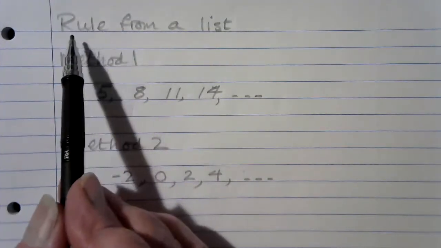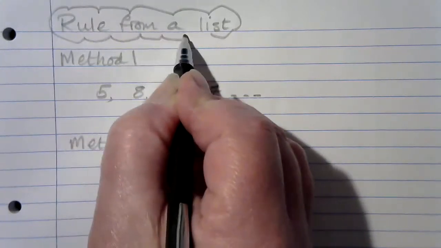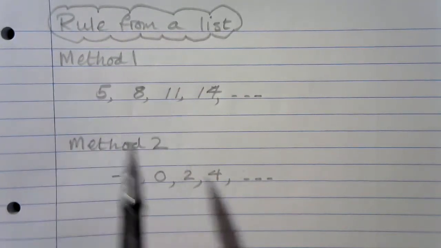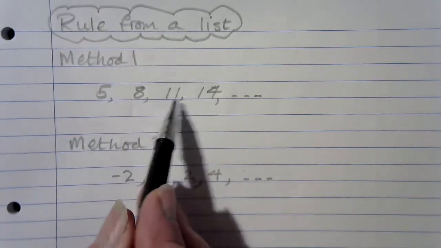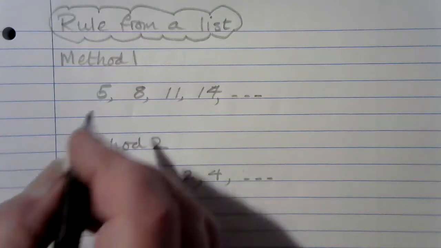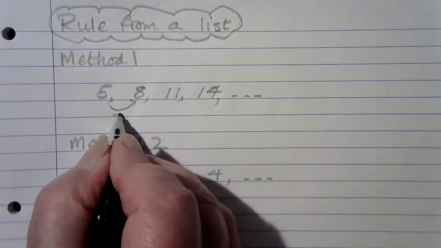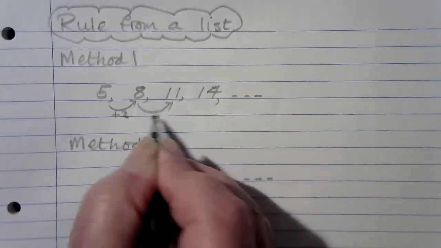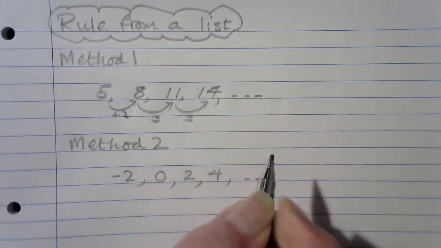Right, this time we're going to generate the rule from a list. Okay, now there are two methods. So method 1, I've got 5, 8, 11, 14, and I notice that the step there is plus 3, plus 3, plus 3 every time.